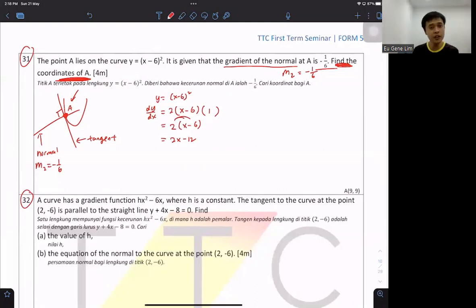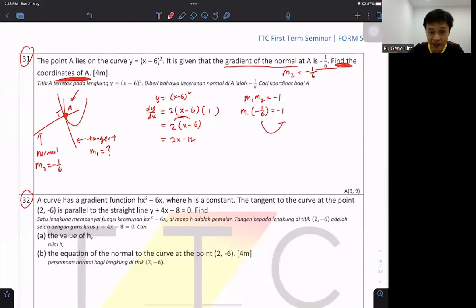Okay, then next, what do you need to do? You want to find the coordinates of A. You want to find point A. What do you need to find first? Any idea? Okay, this one I tell you, also find m1. Because you have m2, so you find m1, okay? So you see, m1 times m2 equals negative 1. m2 is negative 1 over 6.